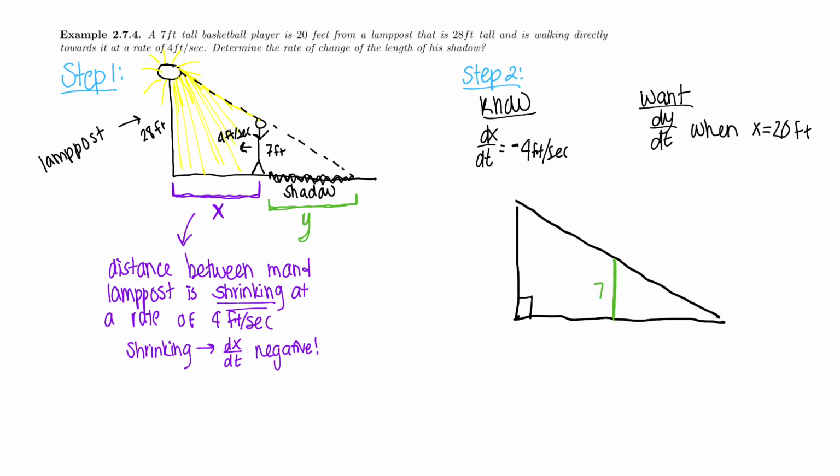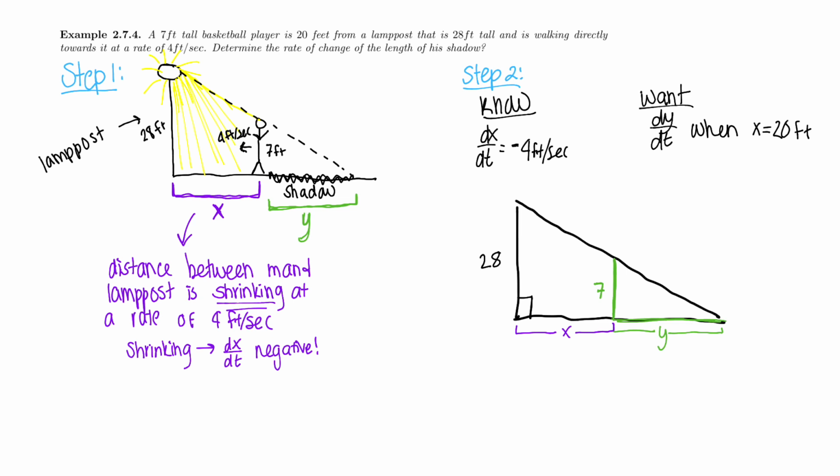So this is 7 feet. This is y. To be very clear, y goes from here to here. This is 28 feet. And this distance from here to here is x.